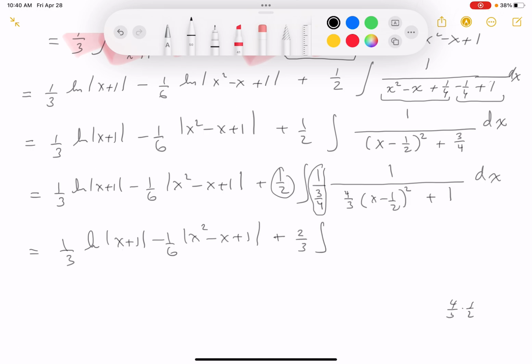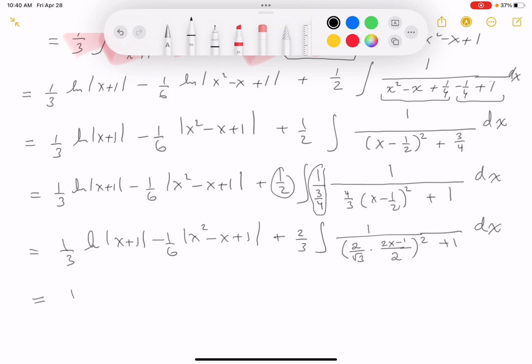And I've got to do this thing over here now, right? So it's 1. I'm bringing it inside now, so it's going to be 2, and then √3. And I'm going to write one denominator down, so it's 2x minus 1 over 2, and that's going to be squared, plus 1 dx.